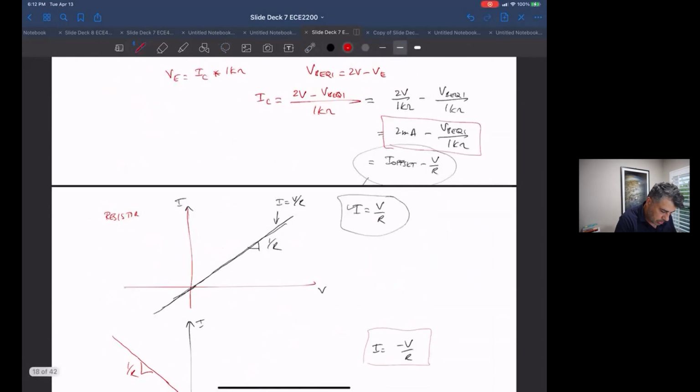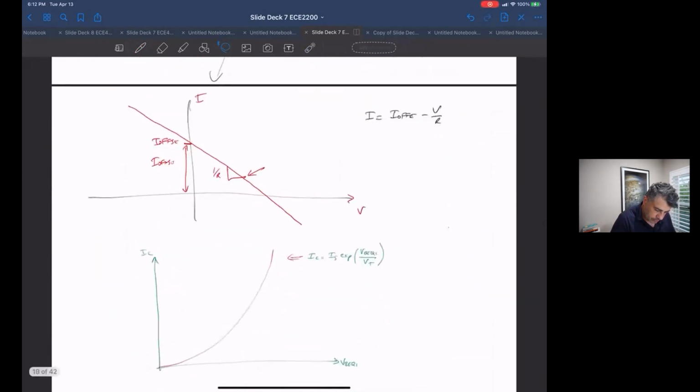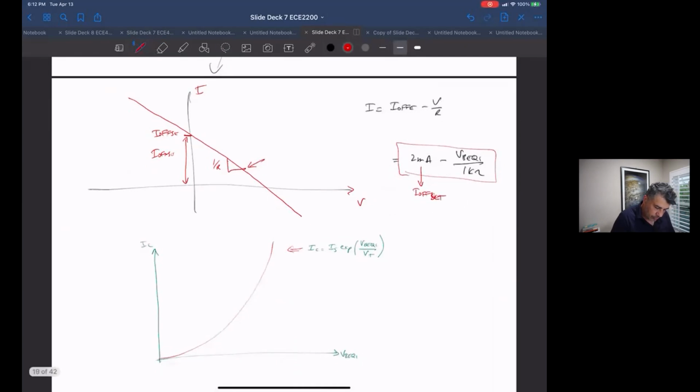So I'm going to copy that as well. In this case, this is I offset, and 1 over R is the resistance.